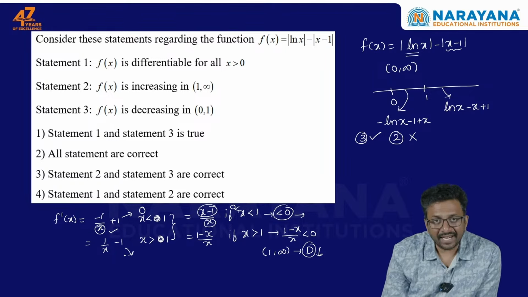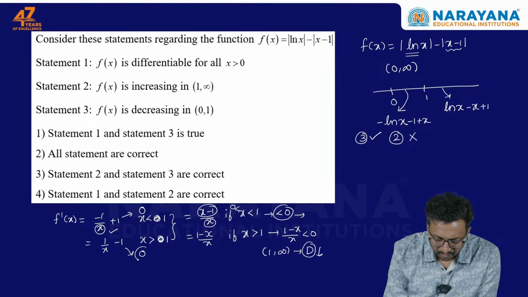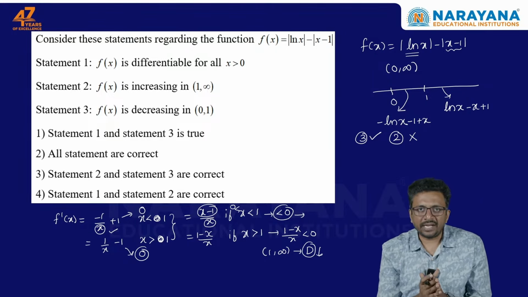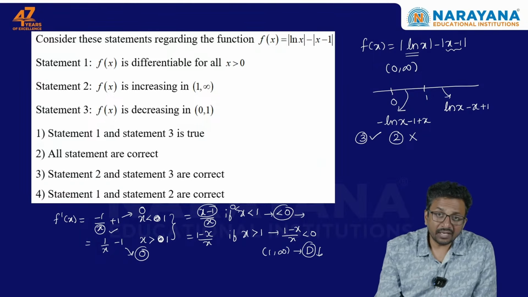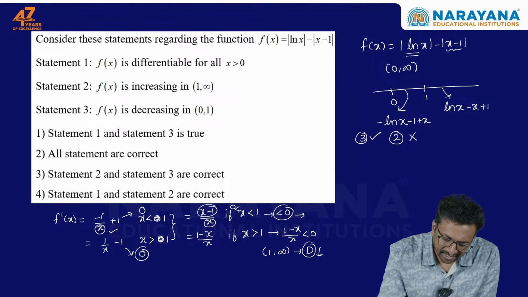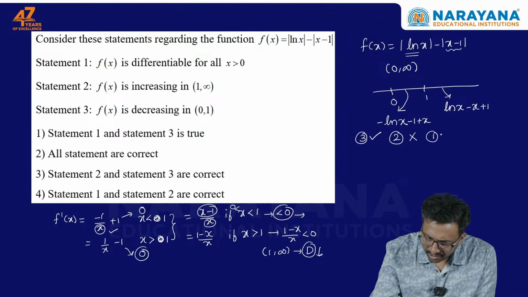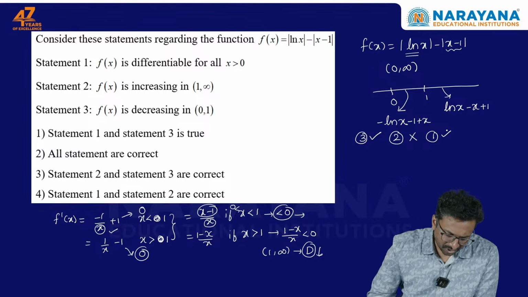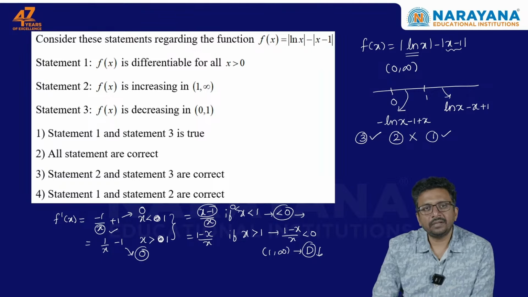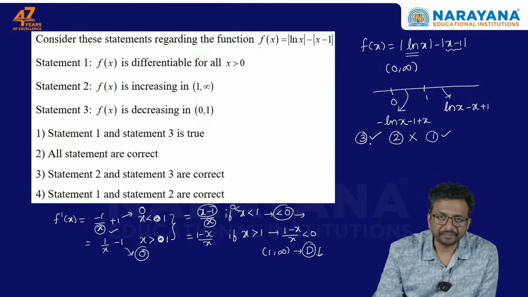On the right side, if you put x equal to 1, the right differentiation is also 0. That means the left derivative is the same as the right derivative. So the function is differentiable for all x greater than 0, and statement 1 is also correct. So which options shall be marked? Statement 1 and statement 3 are true. So the first option is the correct answer.